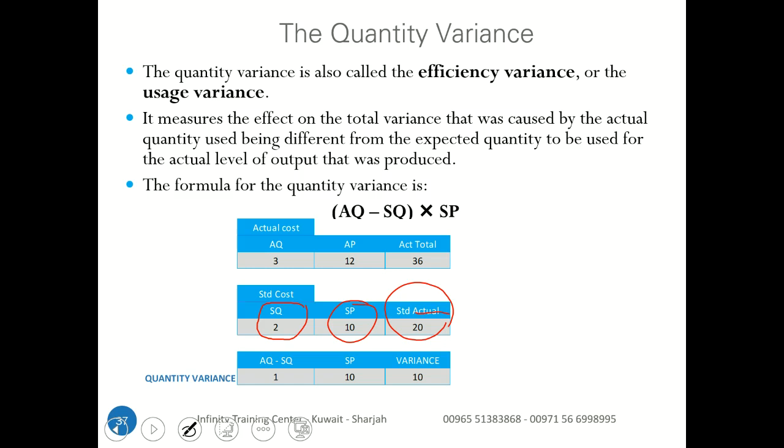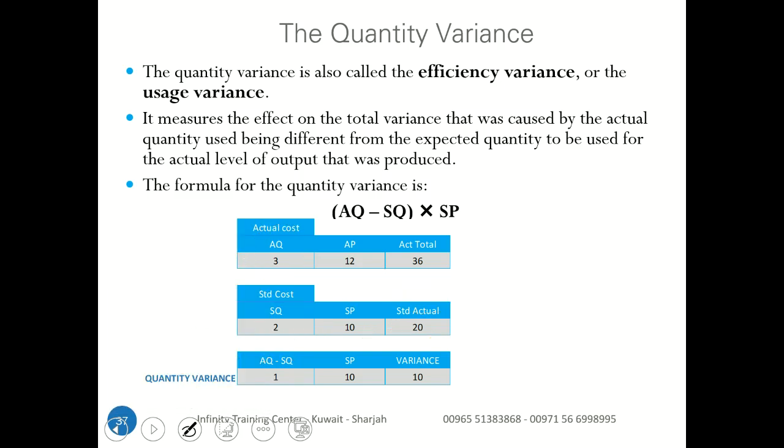But what happened actually is, instead of 2 units, we used 3 units. So we have a difference in quantity. That is what AQ minus SQ is here: 1 unit used extra when you compare actual and standard quantity.